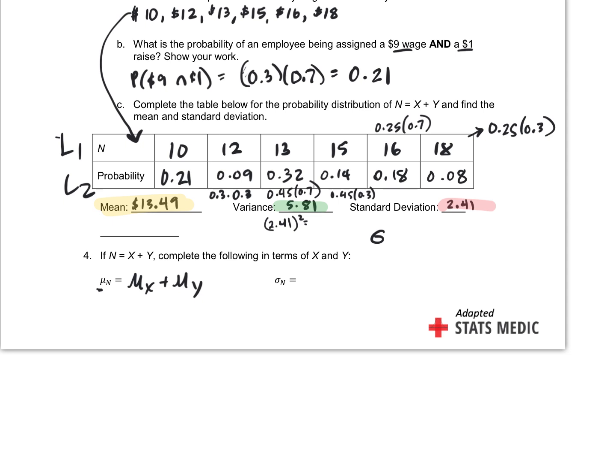The variance of x plus y, or I guess it should say n, we named it n, is the variance of x plus the variance of y, right? We saw that that worked, but it doesn't work for standard deviations. But what could we do to this to get it to a standard deviation? Just take the square root, exactly.